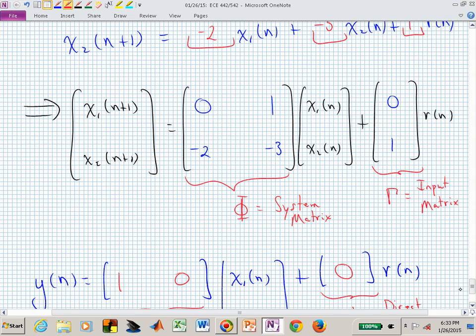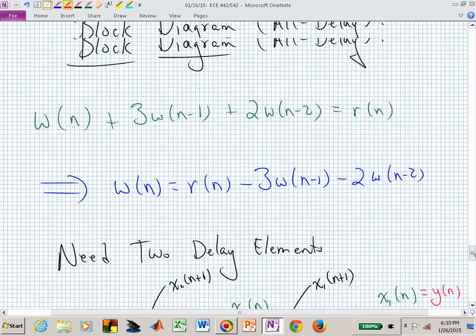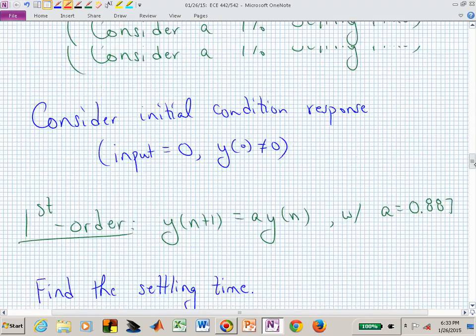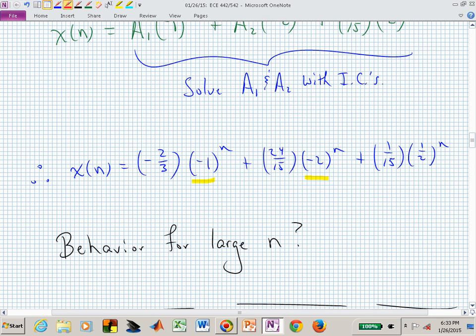Can you tell me anything about the stability of this system? If you are playing along and remembering, that's the same difference equation we've been playing with all along. And what governed its dynamic behavior? -1 and -2.